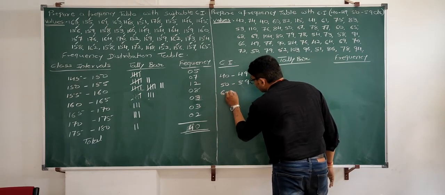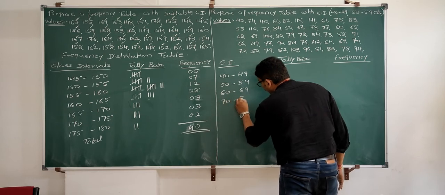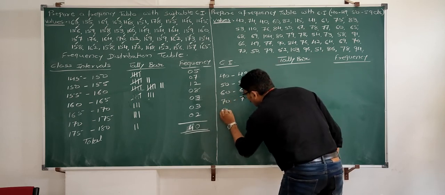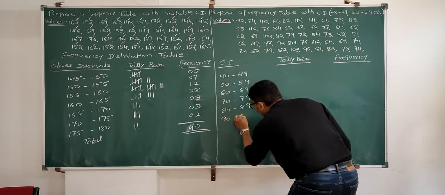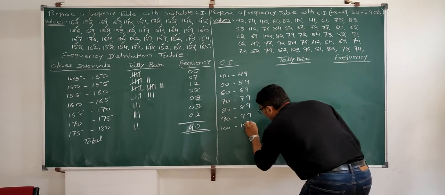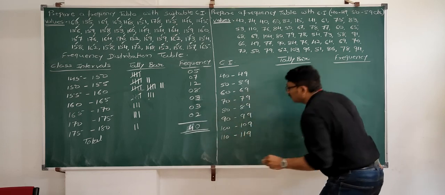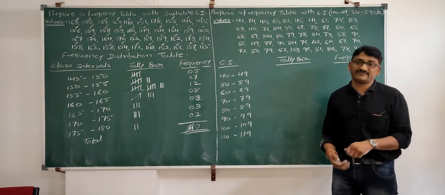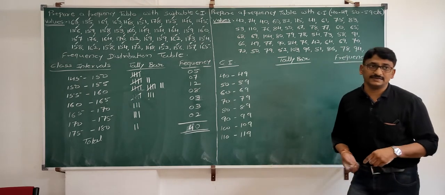Here it will be 60 to 69. Next one will be 70 to 79, 80 to 89, 90 to 99, 100 to 109. And the last class is 110 to 119, because my highest value is 115 and 115 comes under 110 to 119.